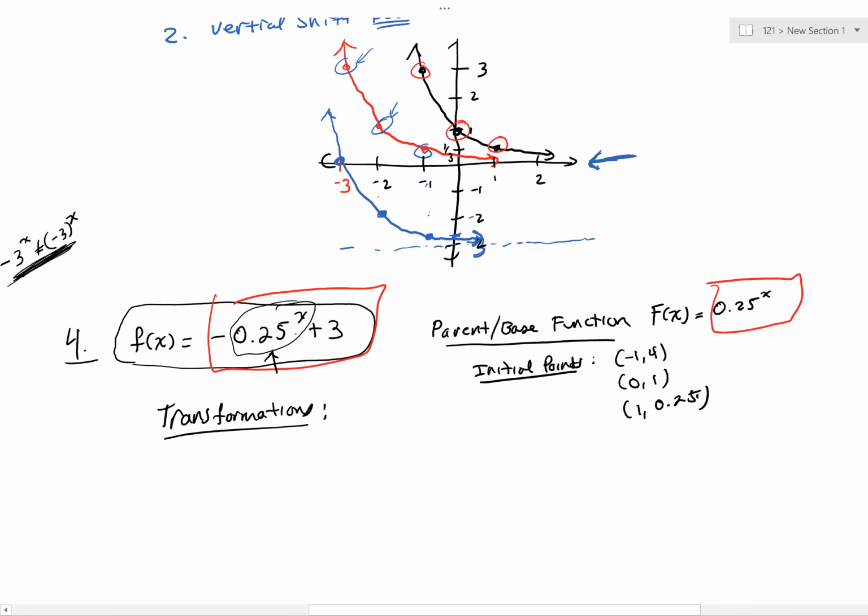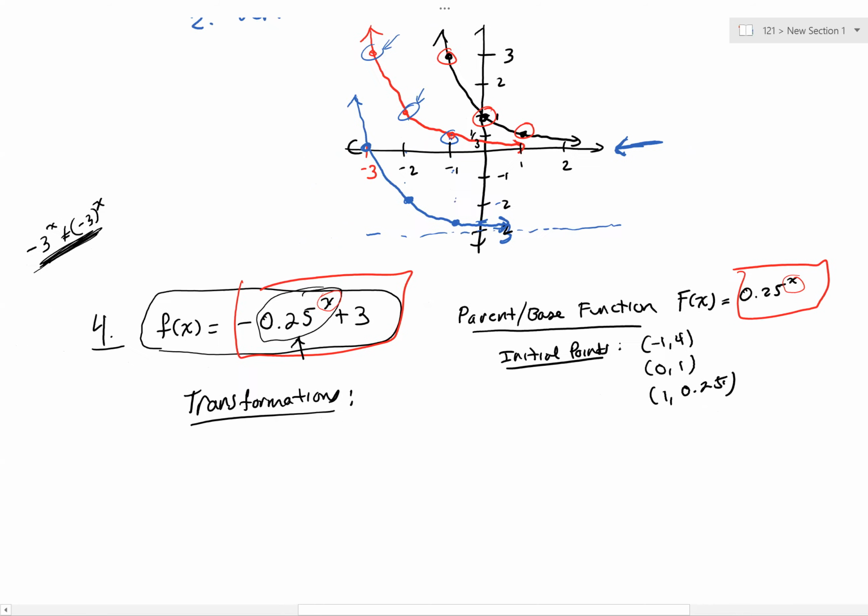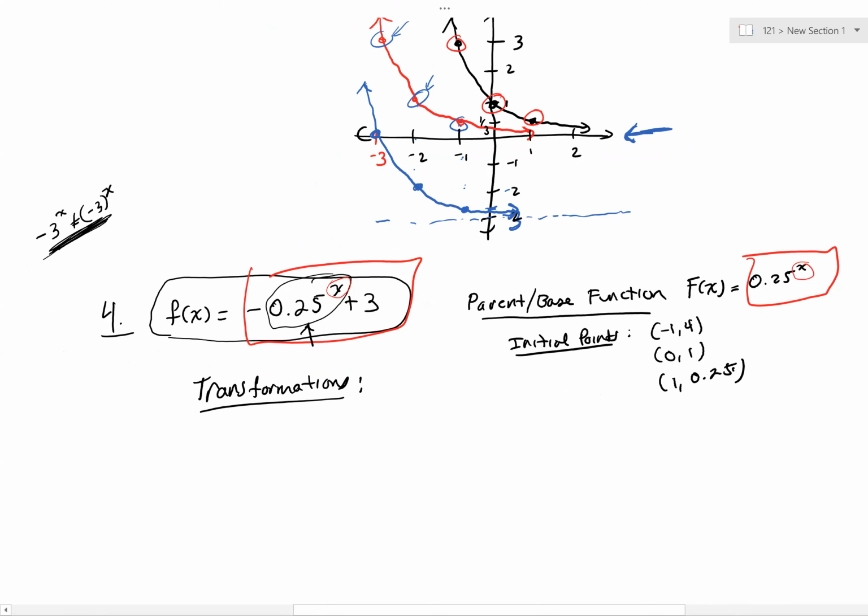No, they're both just x. Nothing is happening to x in this function here. That means there are no horizontal transformations. Any other transformations that will show up have to be vertical. So since there are no horizontal transformations, let's move on to the vertical ones.